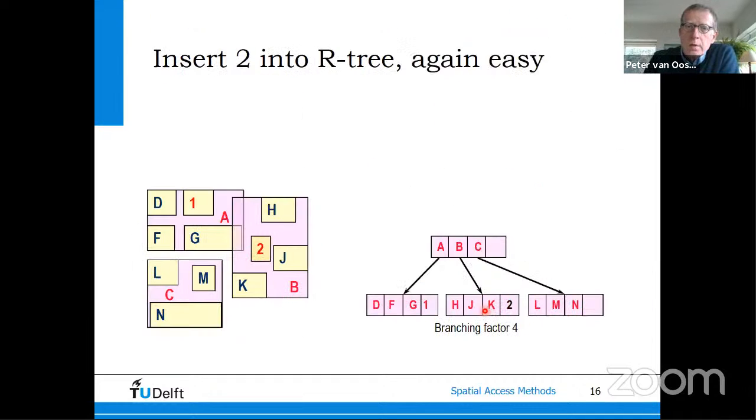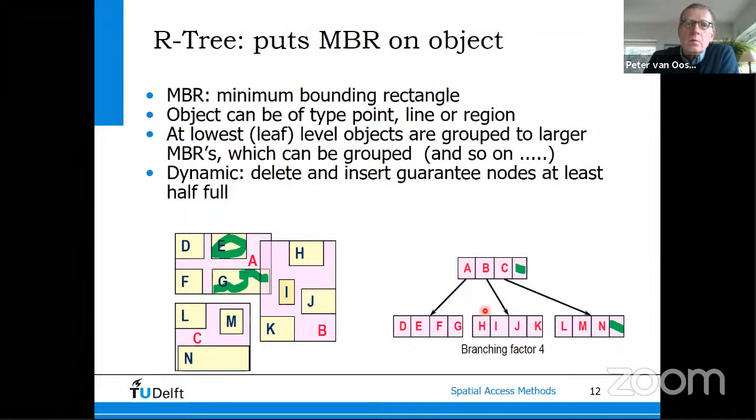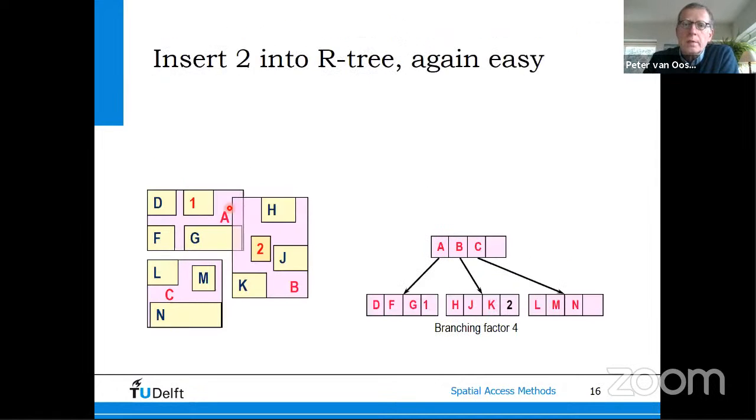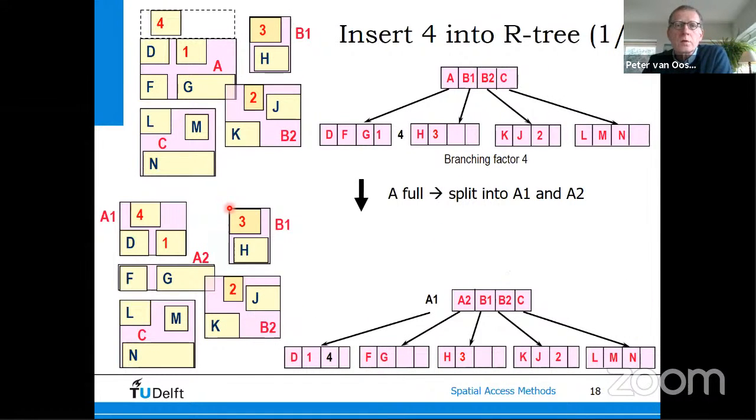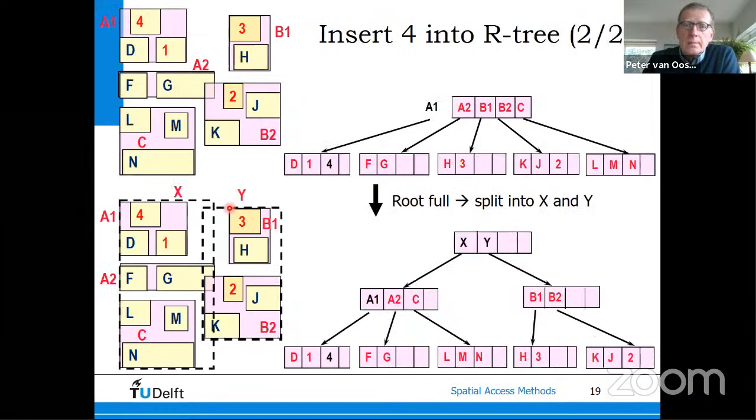So this is where the at least half full guarantee is coming from in this insert strategy. Okay, now insert object number 4. So object 4 is over here in the upper left corner.